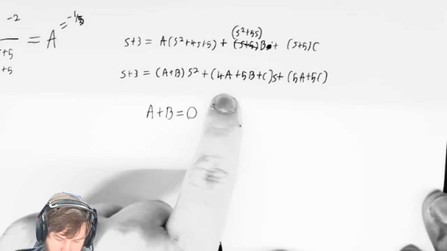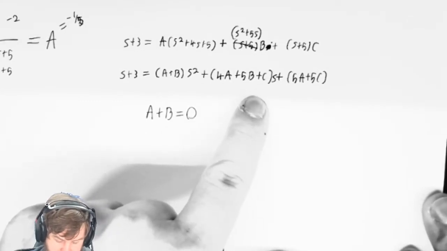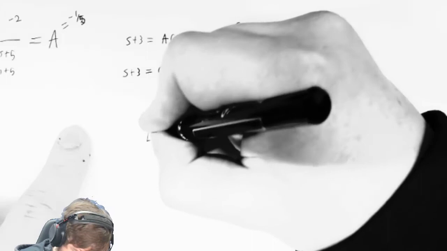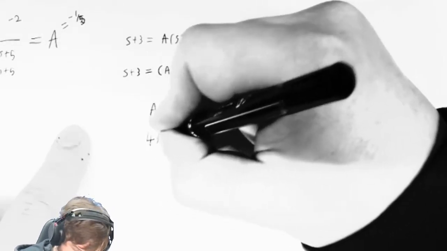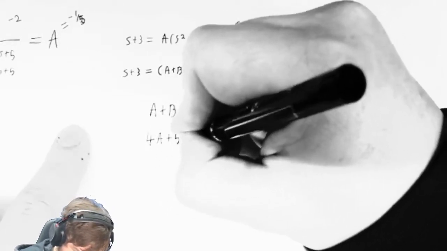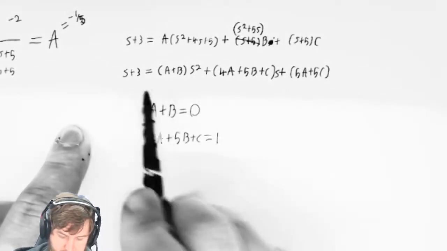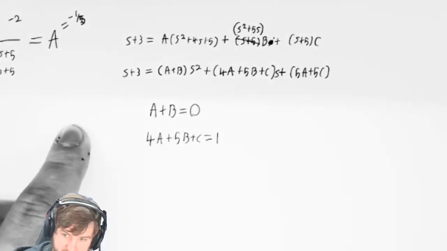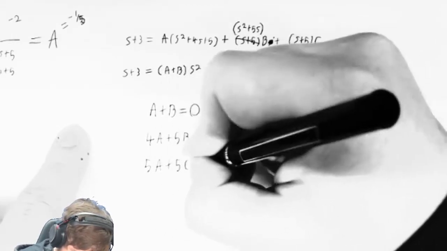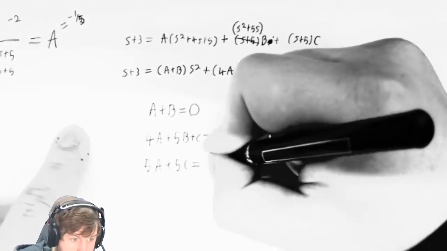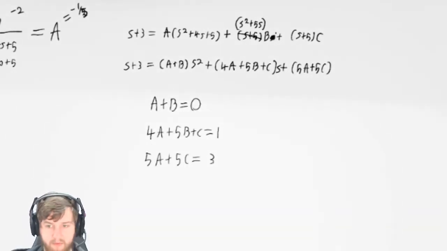That means 4A + 5B + C is equal to 1, because there's one s over here. And then that also means that 5A + 5C is equal to 3. So we know already off the bat that A is negative 1/5.